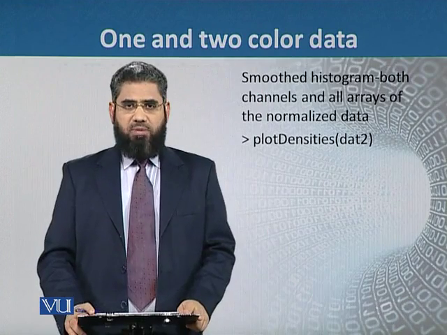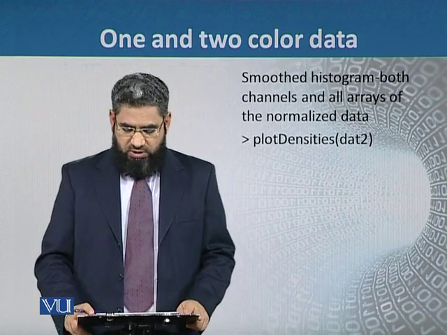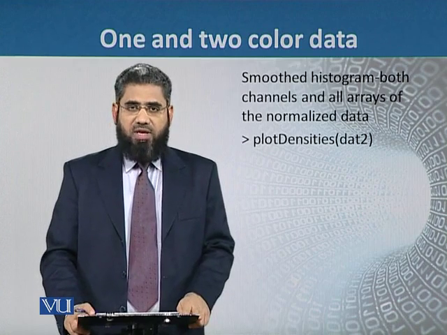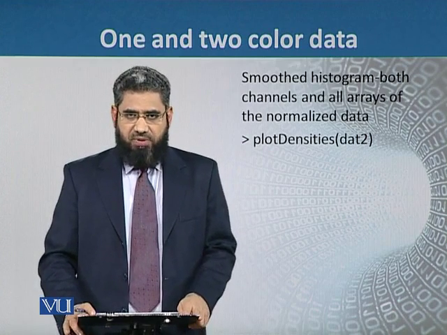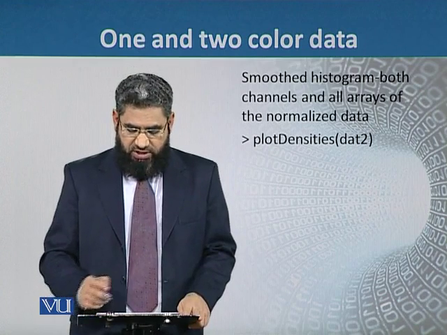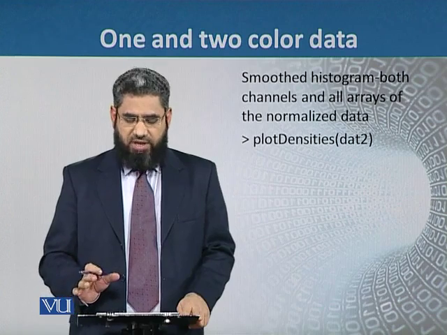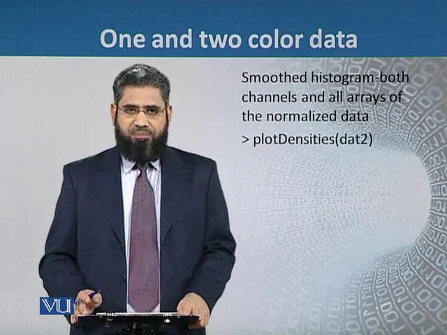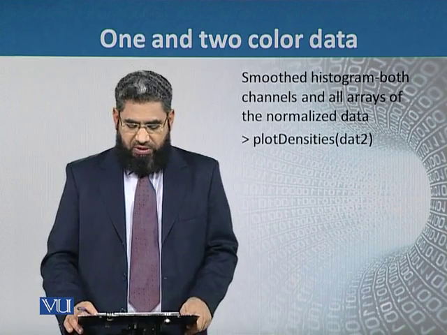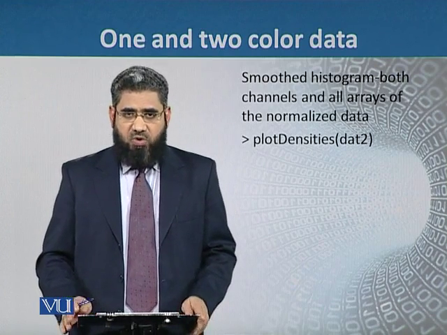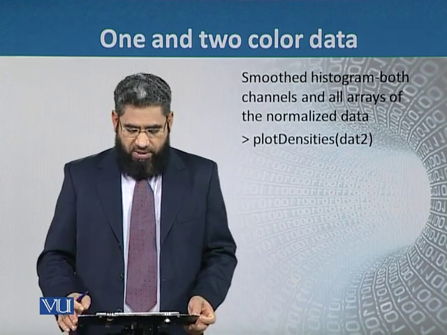Other quality control images include the smooth histogram for both channels and all arrays of the normalized data, which can be obtained by using the command plotDensities, and then in brackets dat2, the data that we have already normalized. So by using this command we can use other forms of quality checks apart from MA plots.